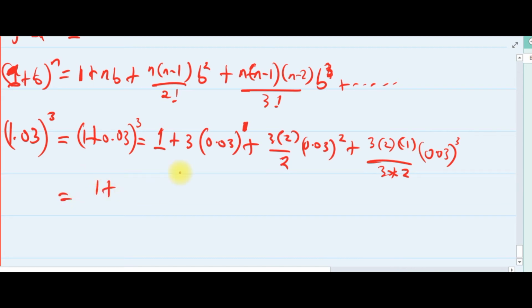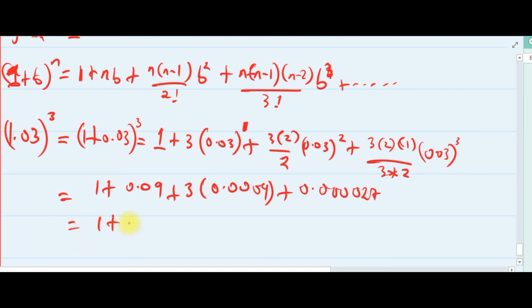So which is 1 plus 0.09 plus 3 times that squared, so this is 3 times 0.0009, plus this is 0.03 cubed, which is 0.000027.